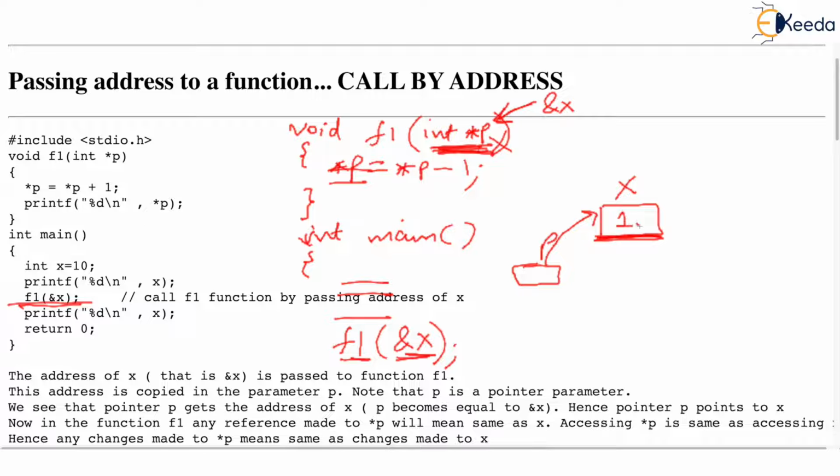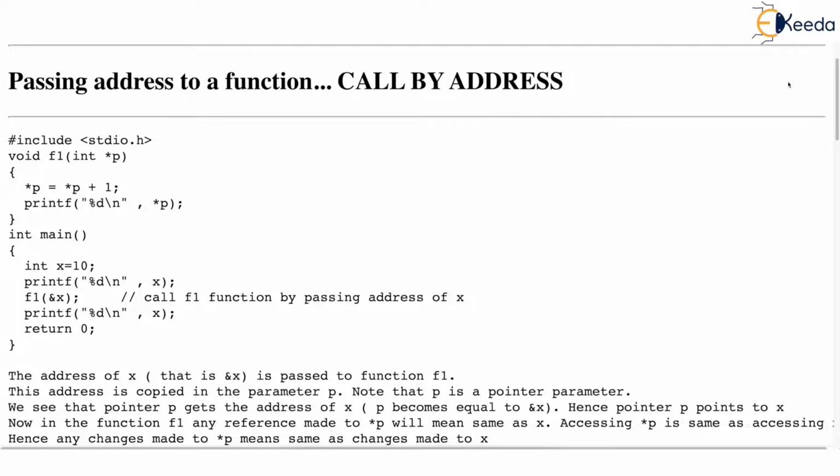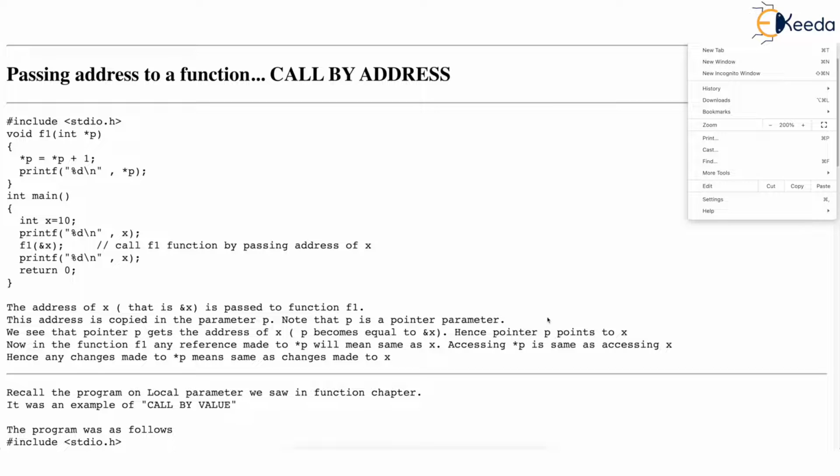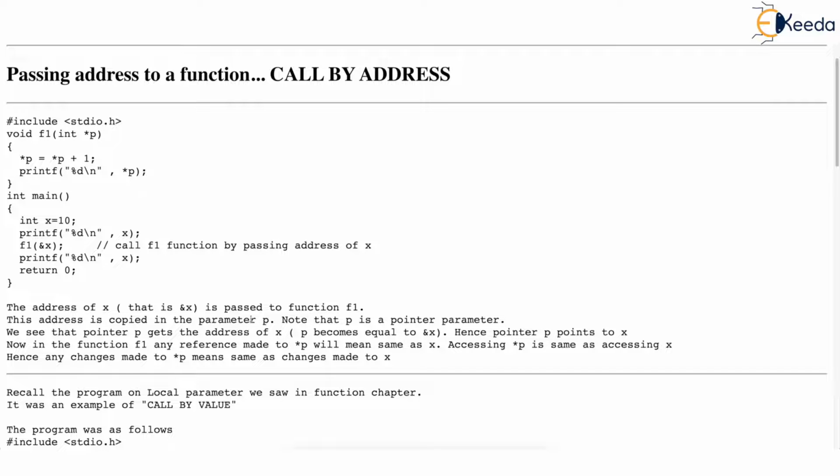If it was 10, it will become 9 and it will stay 9. So that is exactly call by address. I have written a few definitions over here with some explanation of the program. The address of x is passed and all that, and what does *p mean? You can pause the video and check this definition, or rather the explanation of the program.